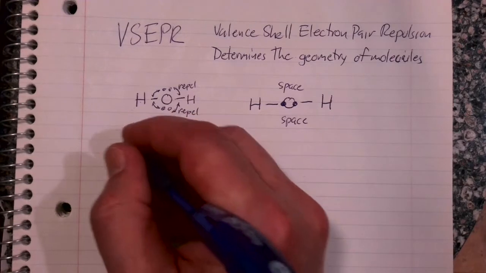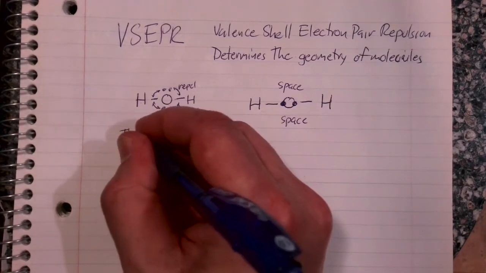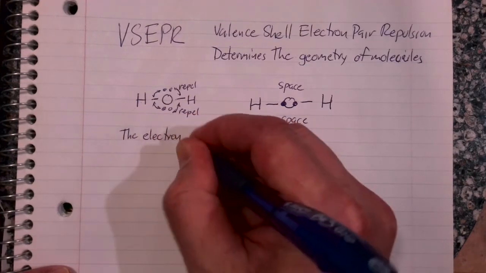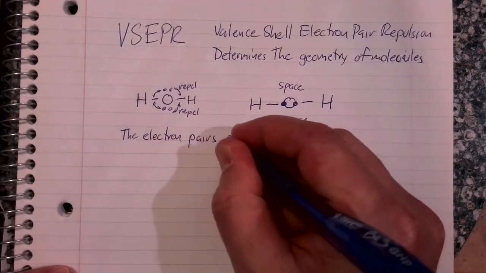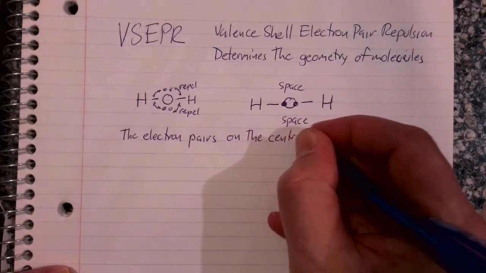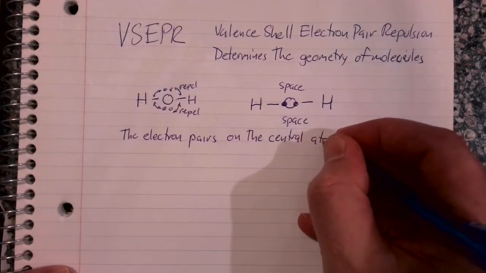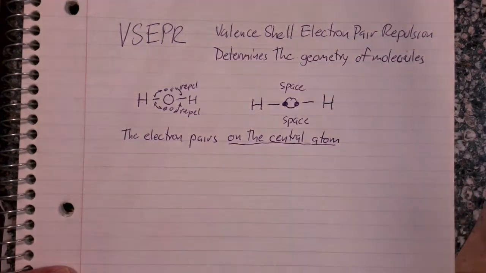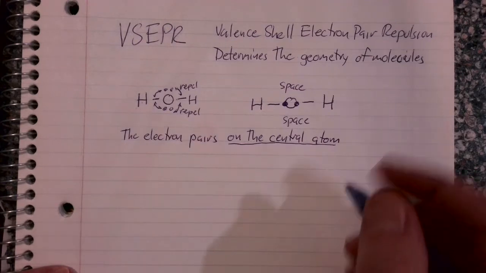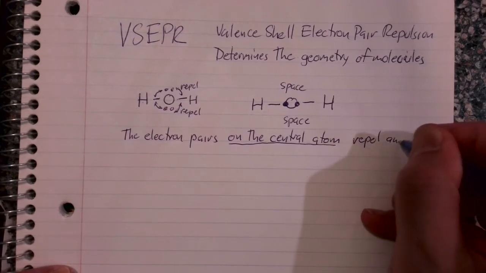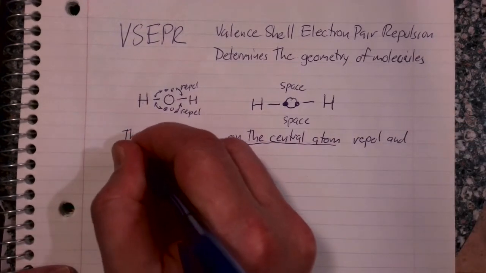And so what we say is that the electron pairs on the central atom, and this is important, on the central atom, because the electron pairs farther away from the central atom never get very close to each other, repel and spread as far apart as possible.